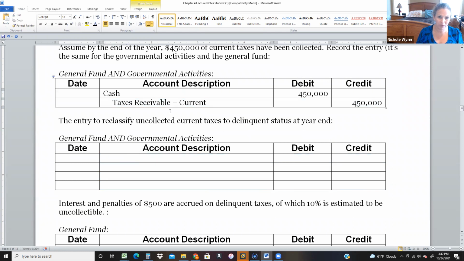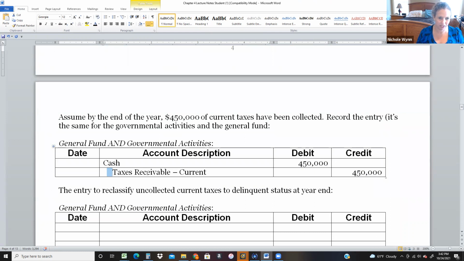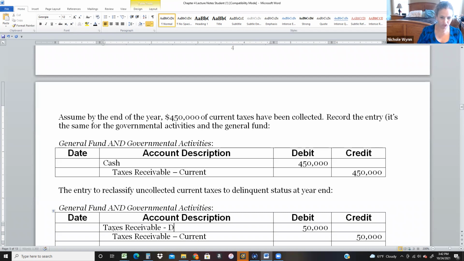So taxes receivable current has a debit balance. I had 500 and then I credited for 450, so it has a debit balance of 50. So I'm going to skip a line and credit taxes receivable dash current for 50,000 and move that to taxes receivable dash delinquent.